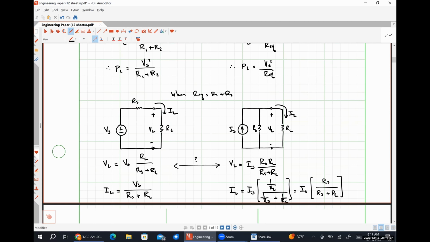I have a fraction over here on the left-hand side of RL divided by RS plus RL. And I feel pretty strongly that I have a fraction on the right-hand side that is also RL over RS plus RL, which means that VS has to be equal to IS times RS for these things to be electrically equivalent.